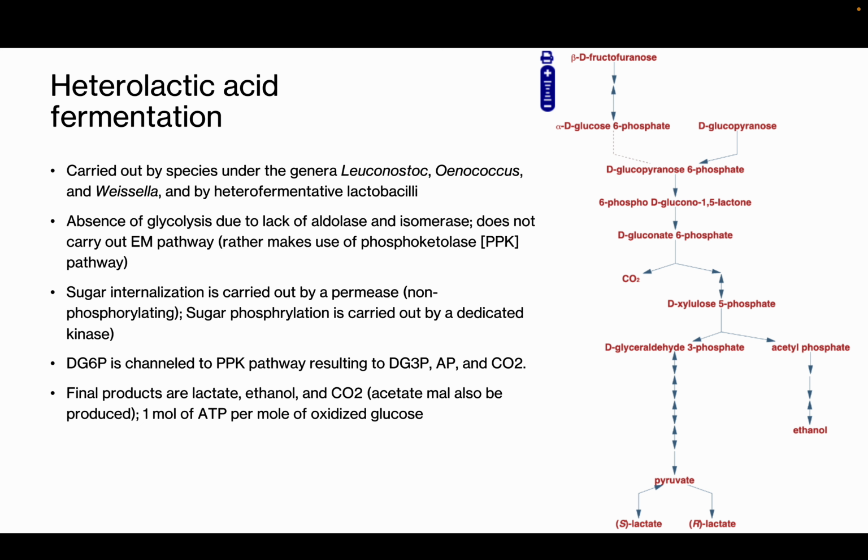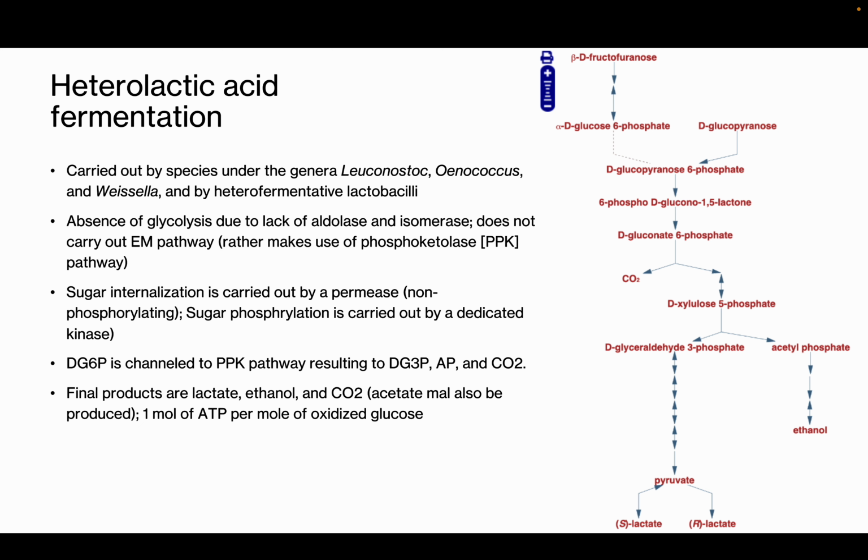DG6P, which is produced after the sugar has been internalized by the microbial cell, will enter the PPK pathway and will result in the production of DG3P, the glyceraldehyde 3 phosphate, acetyl phosphate AP, and carbon dioxide. The final products are lactate, ethanol, and carbon dioxide. Acetate may also be produced if there's a specific conversion enzyme available.